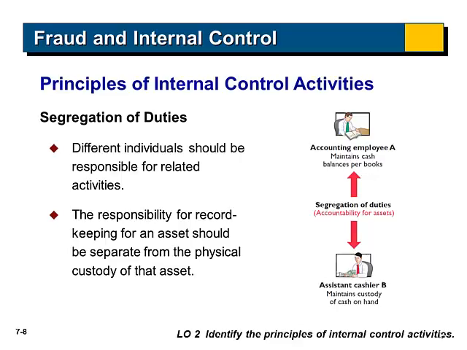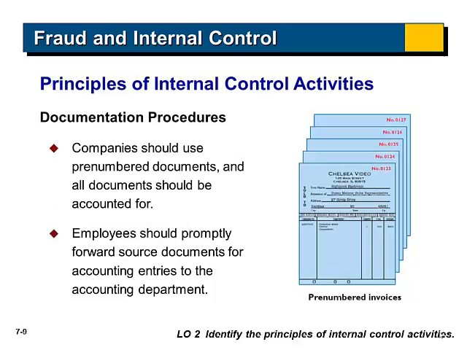And so all of the documents can be accounted for, and you know which invoices are still outstanding, which ones you're waiting on, how early in the number sequence they are, so how long you have been waiting on them. So documentation procedures is a good internal control activity, so you've got control over those source documents.